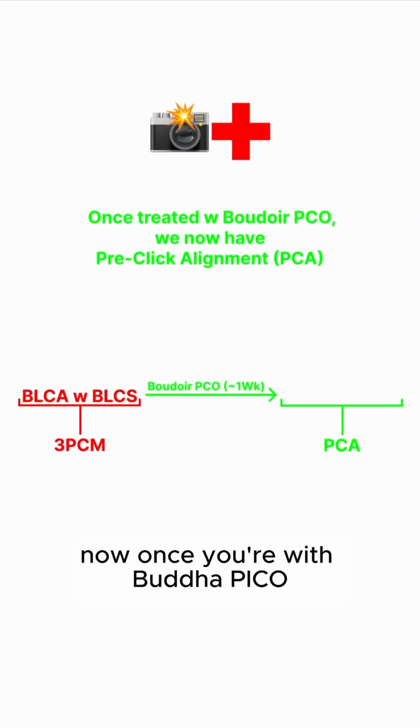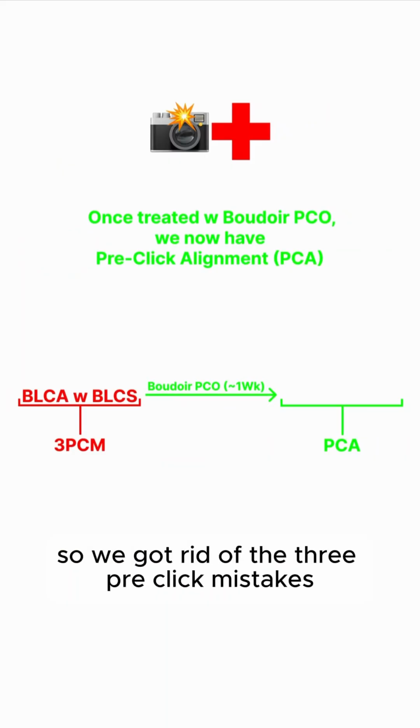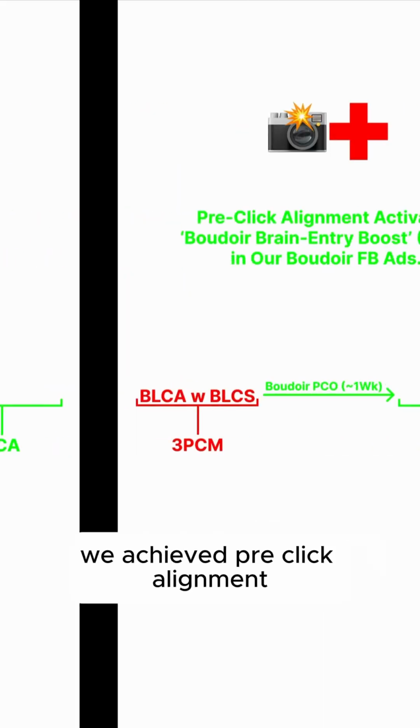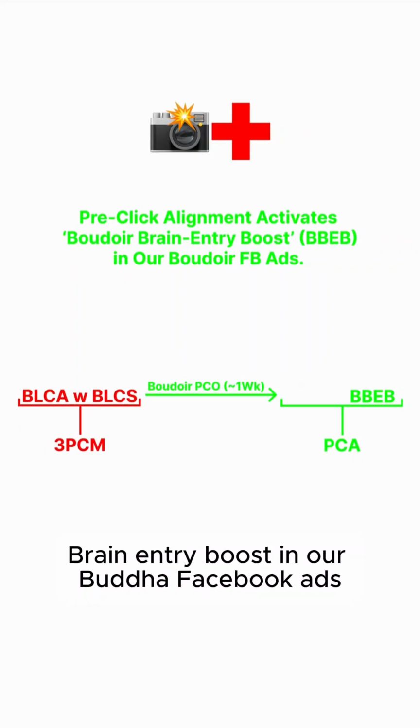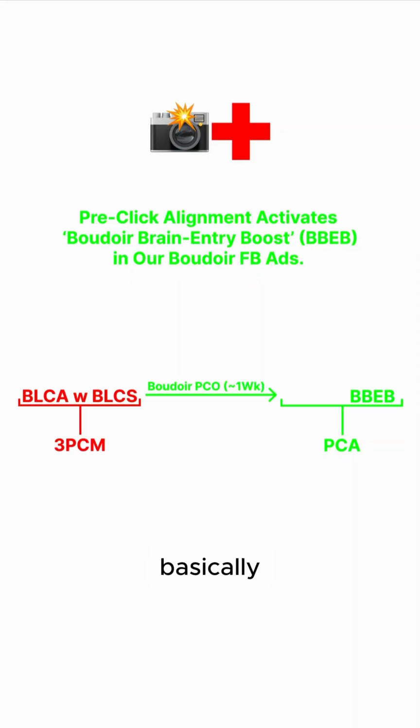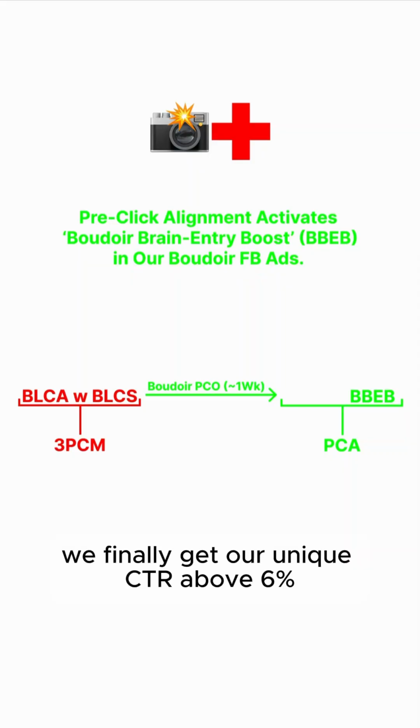Now, once treated with boudoir Pico, we have pre-click alignment, PCA. So we got rid of the 3 pre-click mistakes. We achieve pre-click alignment, and pre-click alignment activates boudoir brain entry boost in our boudoir Facebook ads. Basically, we finally get our unique CTR all above 6%.